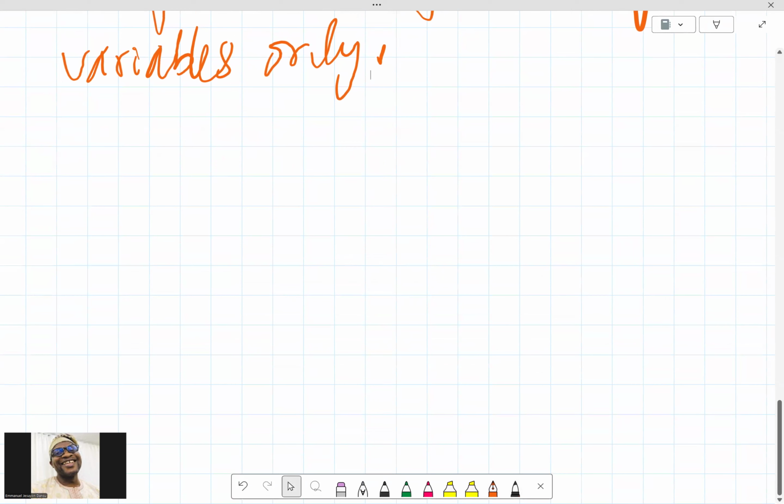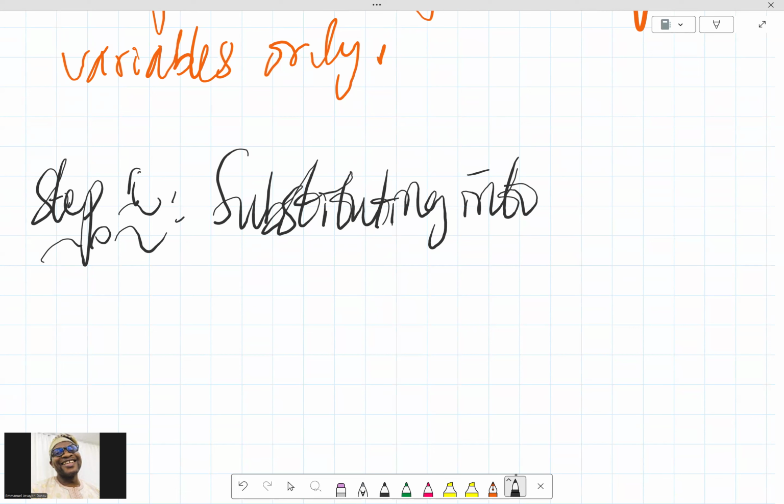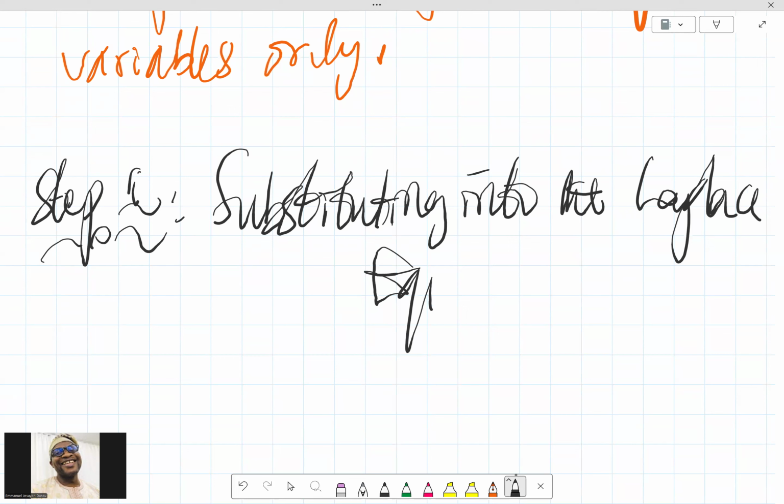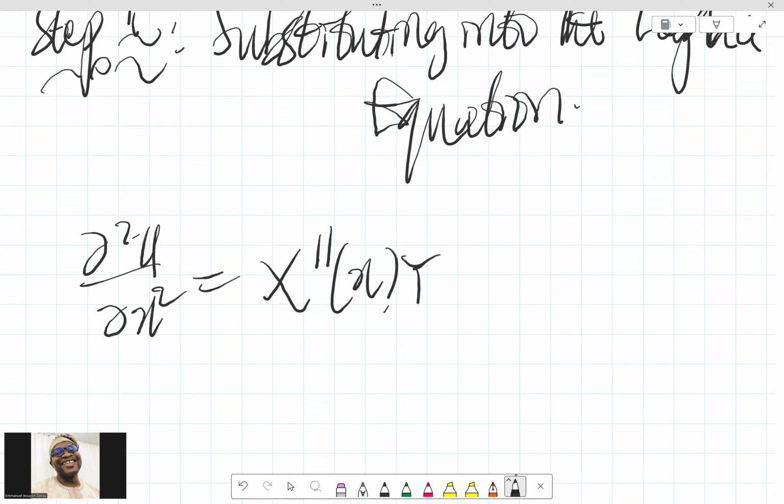So here, step one will be to substitute into the Laplace equation. We have partial squared u partial x squared equals X double prime of x, Y of y, Z of z.